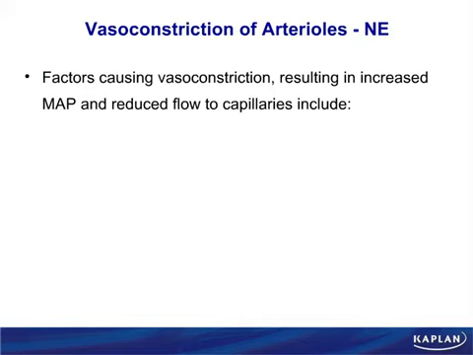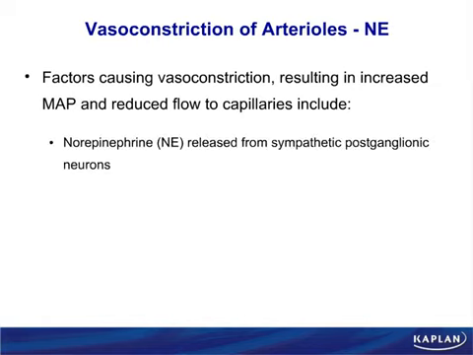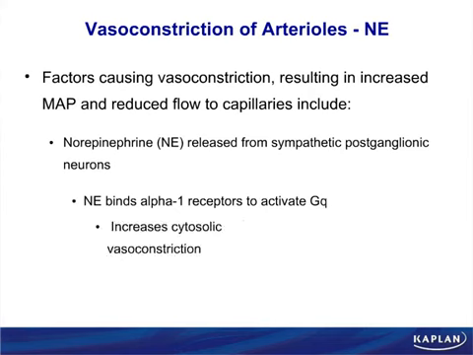All right, so let's continue on with applying this idea. Let's think about what's going to vasoconstrict arterioles. By vasoconstricting arterioles, we're going to tend to reduce flow to the capillary, but increase upstream pressure. One of your first thoughts should be norepinephrine. Norepinephrine release from sympathetic postganglionic neurons binds to alpha-1 receptors.